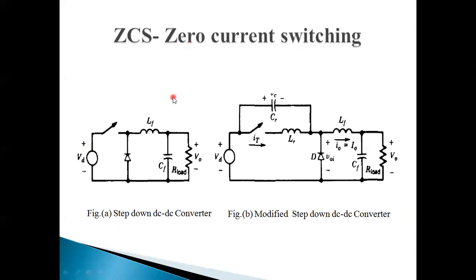Now the biggest question is how you modify this circuit into your zero current switching circuit. So in that, what happens? Wait a minute.